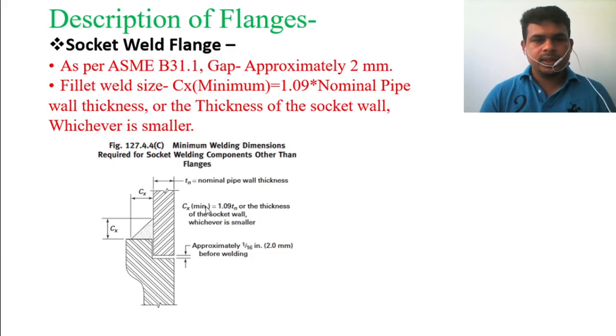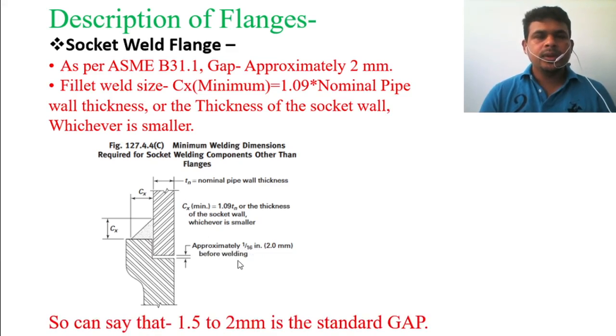You can see in this figure approximately 1/16 inch, 2 mm, before welding. So from these two standards, we can say 1.5 to 2 mm is the standard gap. If we keep the gap 1.5 to 2 mm, this is the correct standard practice.